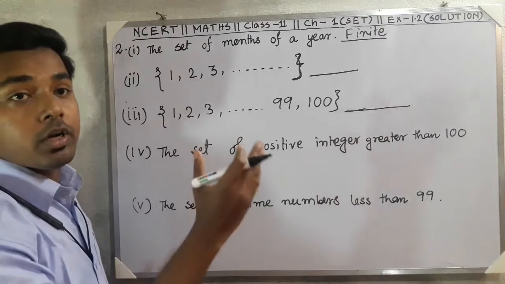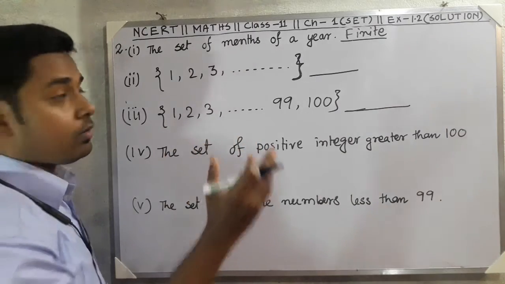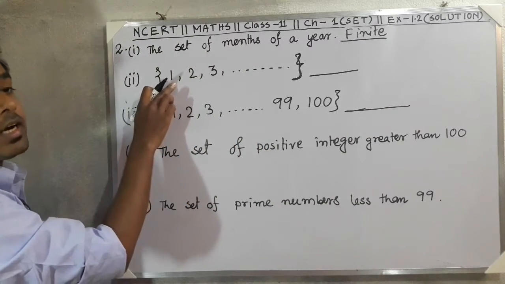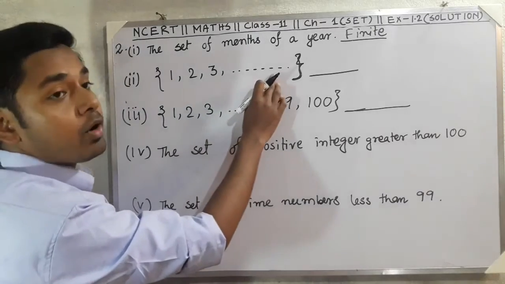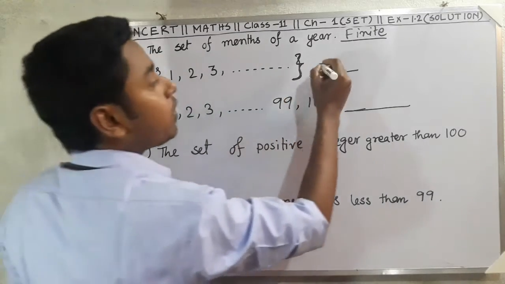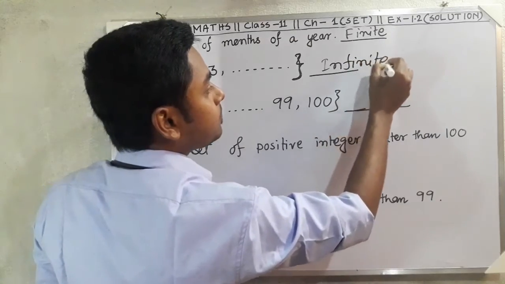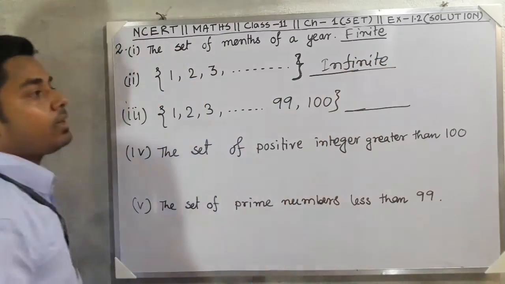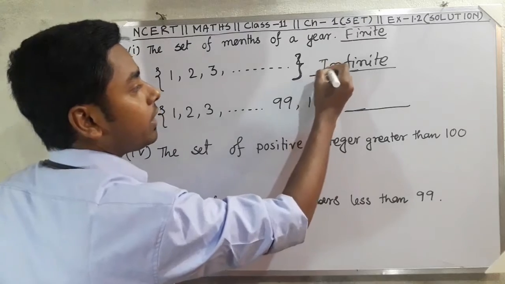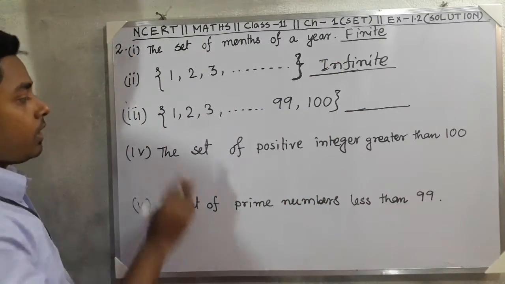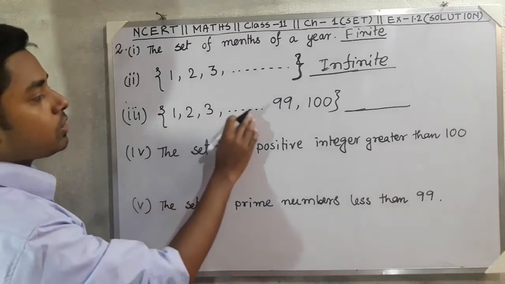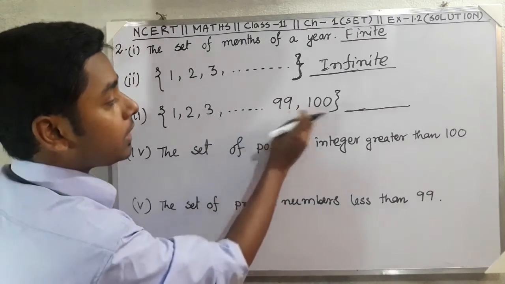Here it has only a starting point but no ending point, so it is an infinite set. Is that clear? Now question number 3, 1 2 3 dot dot dot 99, then 100.